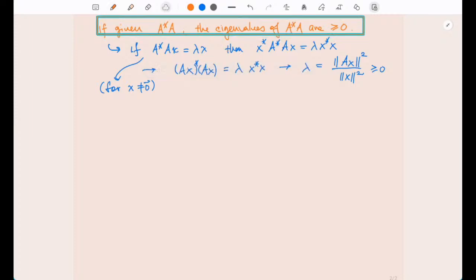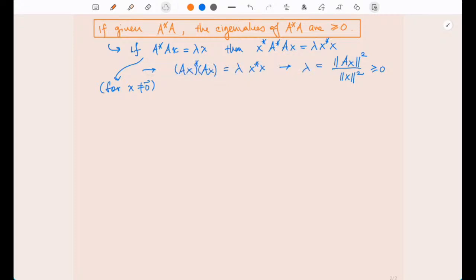That's good. And so what? If that's the case, we can factorize the diagonal. So let's say we have A star A equal to U D U star.